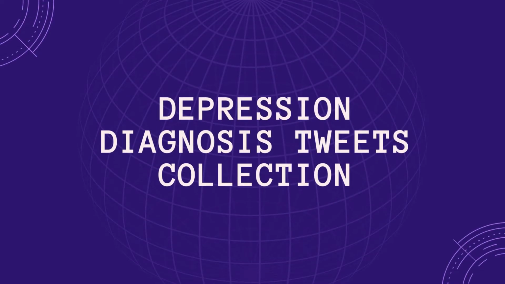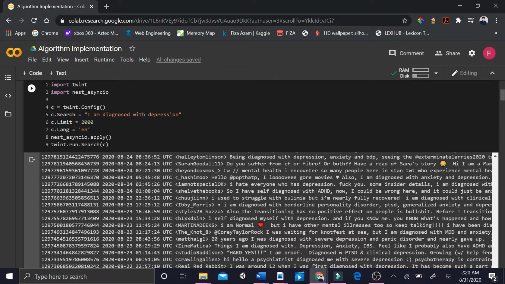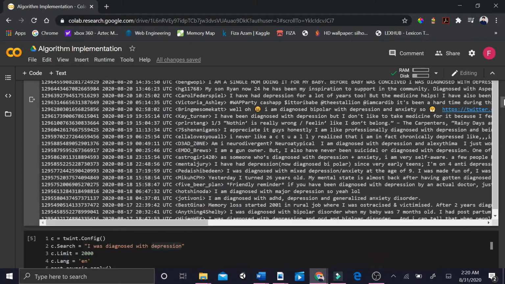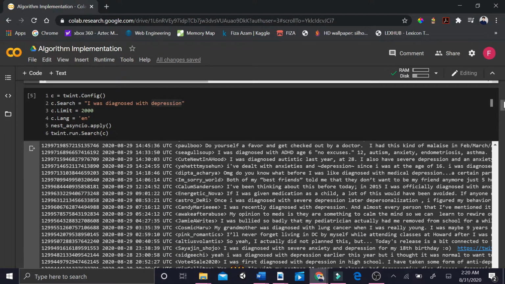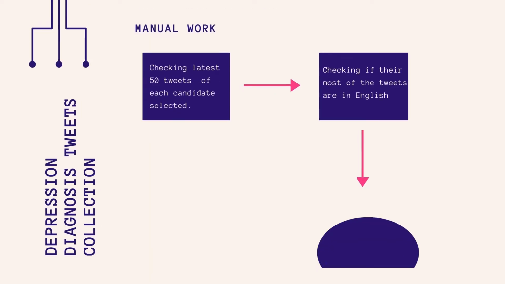Depression diagnosis tweets collection. For acquiring tweets of a depressed user, we applied a similar approach as G. Coppersmith et al., by running 2 queries: I am diagnosed with depression and I was diagnosed with depression. Our dataset at this point contained 400 diagnosis tweets of the users who mentioned their age along with their recent diagnosis, or who mentioned their age along with their previous diagnosis, or whose age was retrieved from their Twitter profiles.